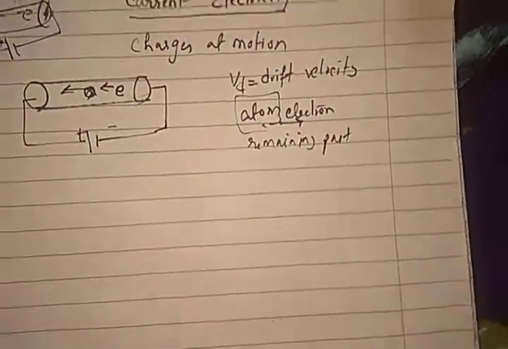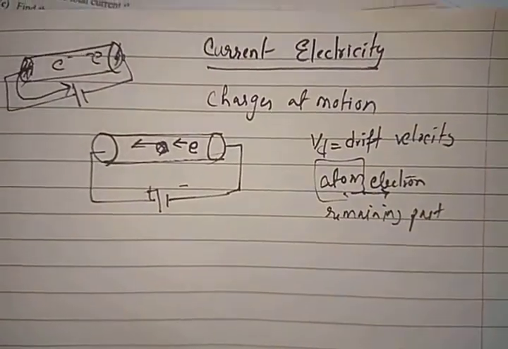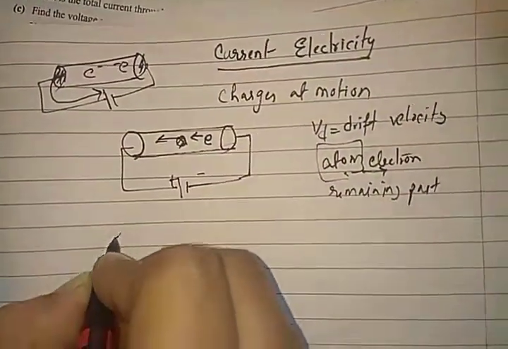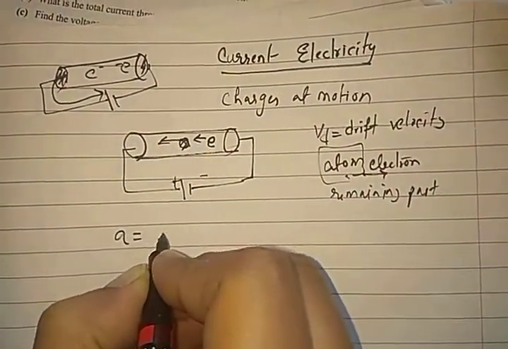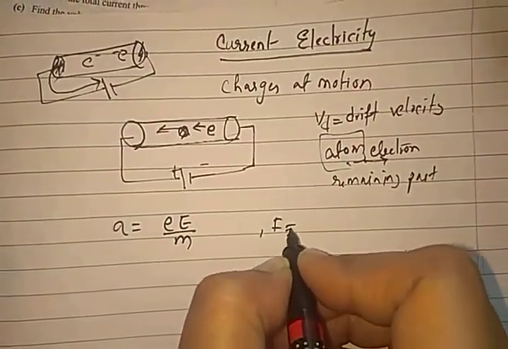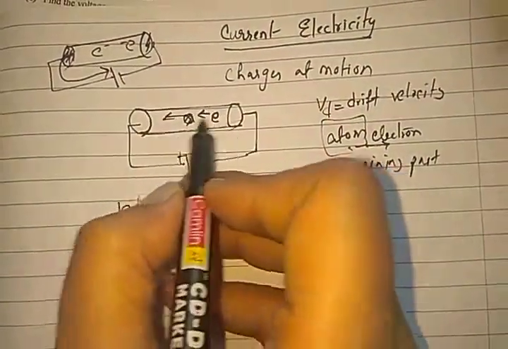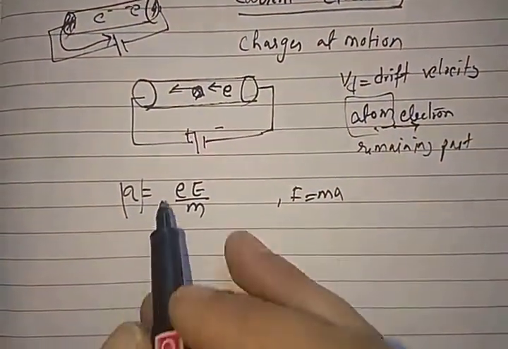Now it seems that the electron will move with acceleration. Yesterday we took the value of acceleration, the magnitude of acceleration eE upon m, from F equals ma. So this was the acceleration of an electron when it moves in a conductor.